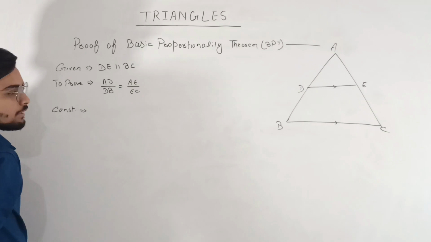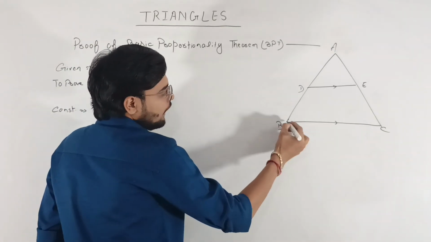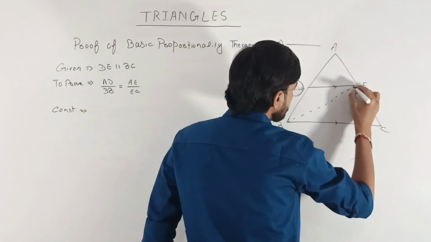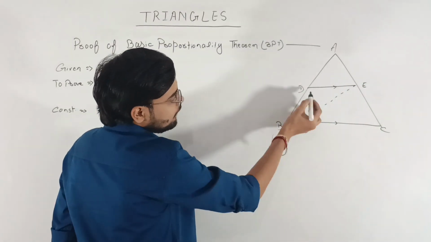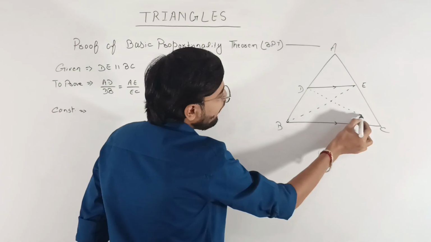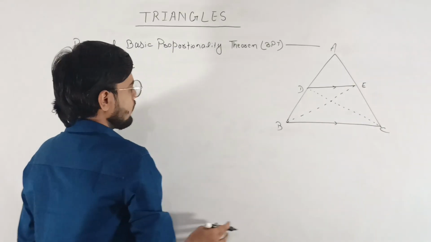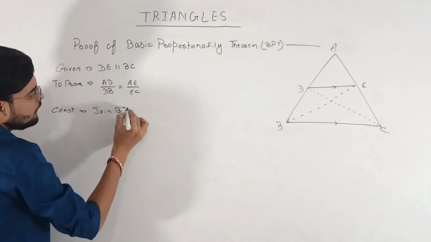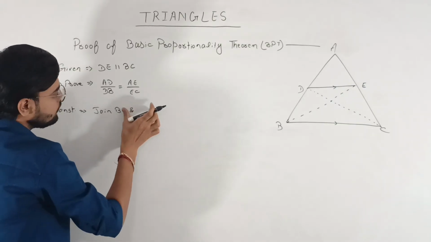Okay, so first construction I do is I join BE, then I join DC. So first construction, join BE and DC.